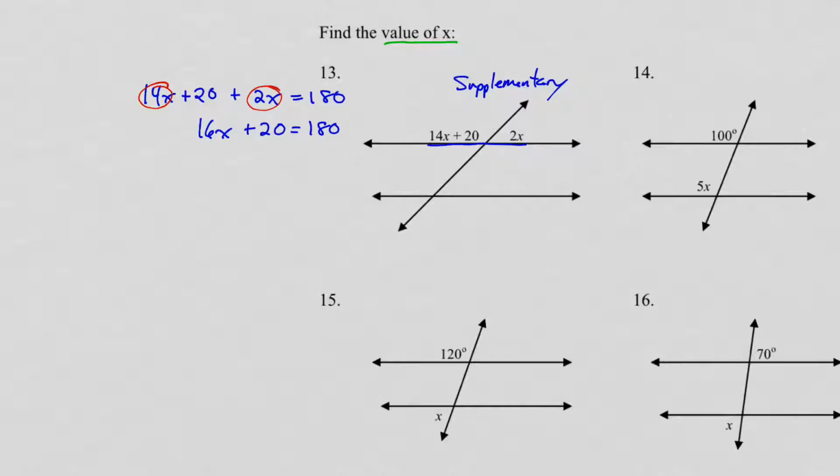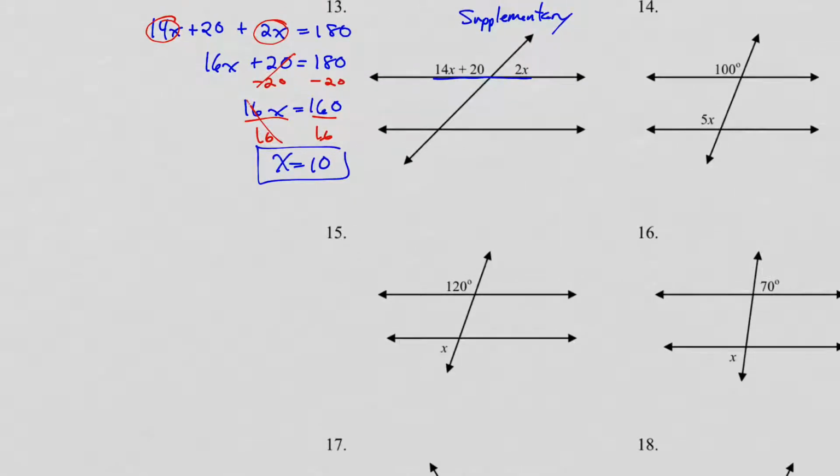Then we solve for x, so that means we're going to subtract the 20 from both sides. And then we're going to divide by 16. So x is 10. Okay, so this is number 13.